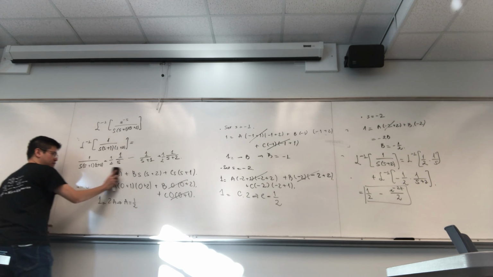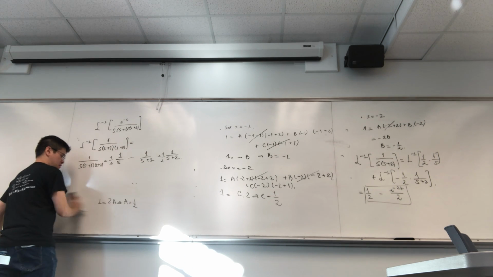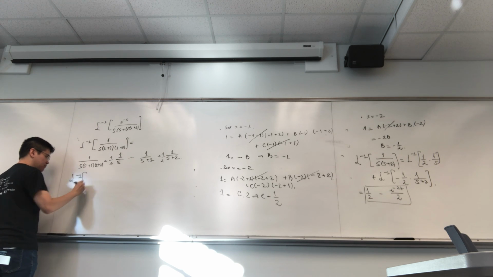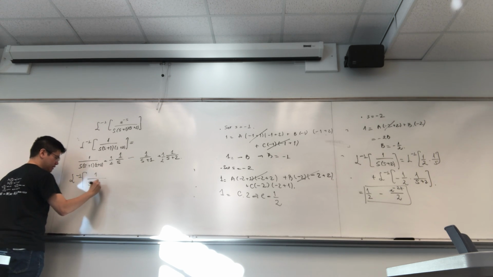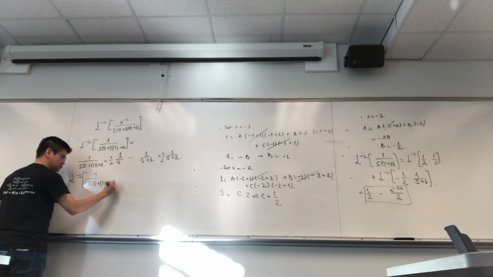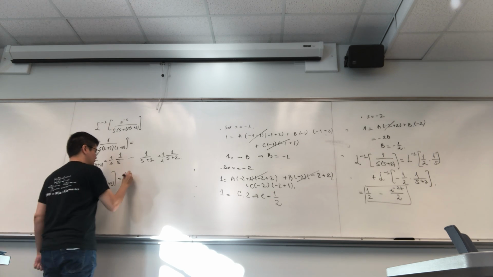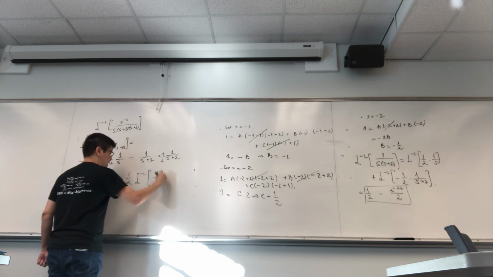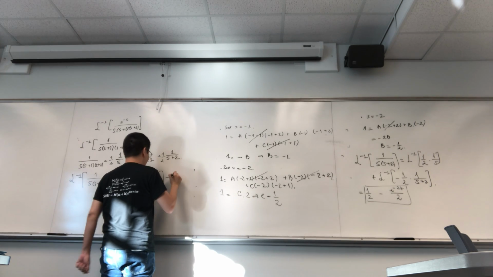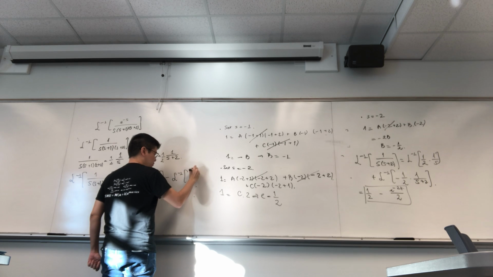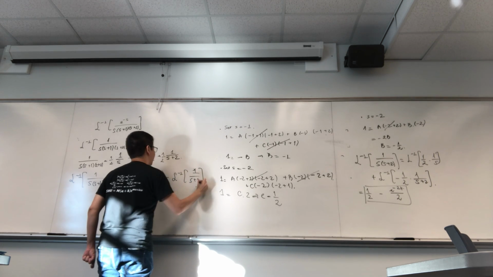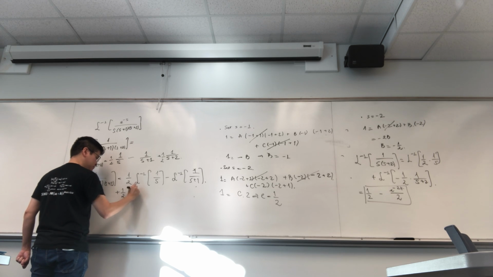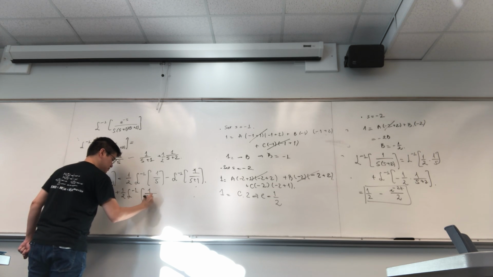So I'm going to do the inverse Laplace transform now: 1/2 the inverse Laplace transform of 1 over s, minus the inverse Laplace transform of 1 over s plus 1, plus 1/2 the inverse Laplace transform of 1 over s plus 2.